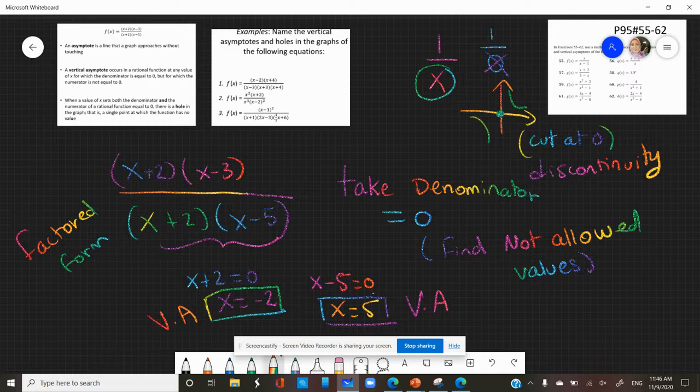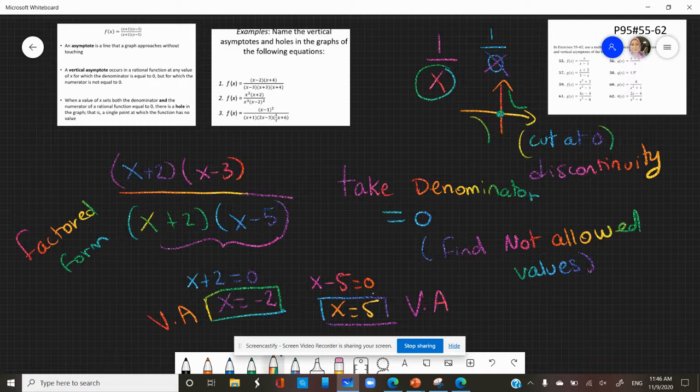Now, vertical asymptotes are not as easy as horizontal asymptotes because you still need to check the values. By definition, a vertical asymptote occurs at any value for which the denominator equals 0 but the numerator is not equal to 0. So guess what happens if I plug in negative 2?